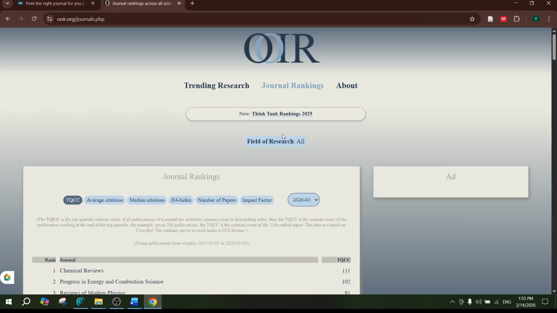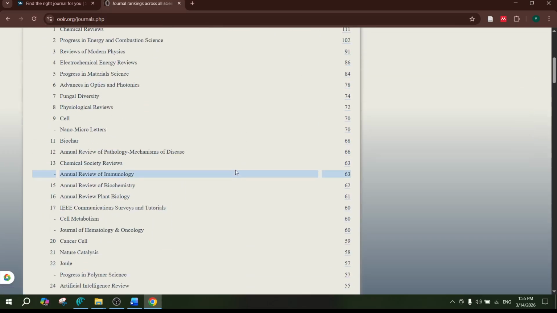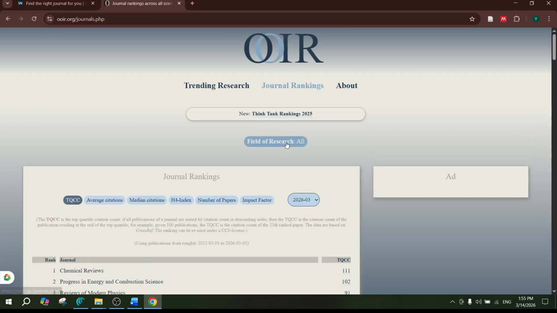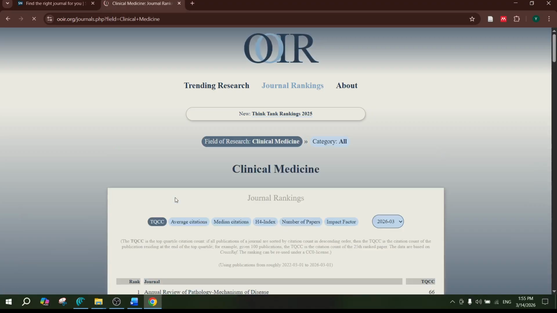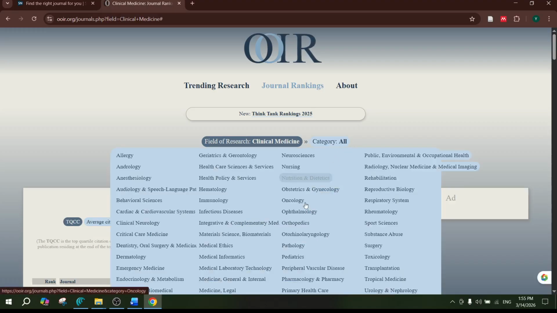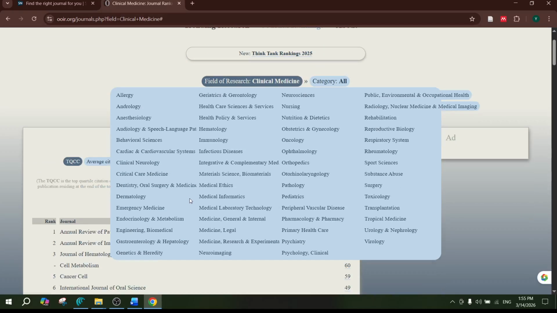As you can see here, all the journals about physics, chemistry, whatever. You can click on field of research and choose your specialty or field. After that, you can go to category and pick the specialty you will study. It's about dorsal root ganglion stimulation, so maybe neuromodulation, which is neurology.